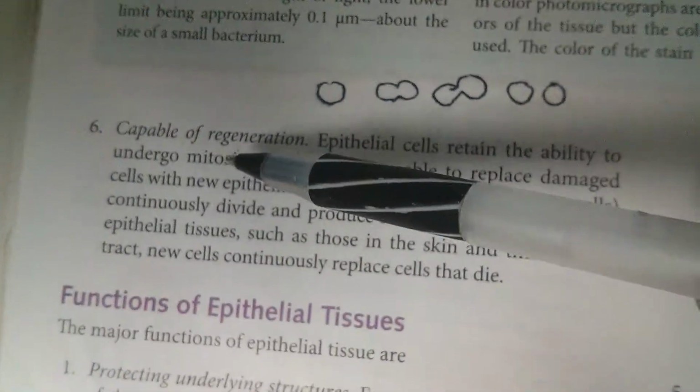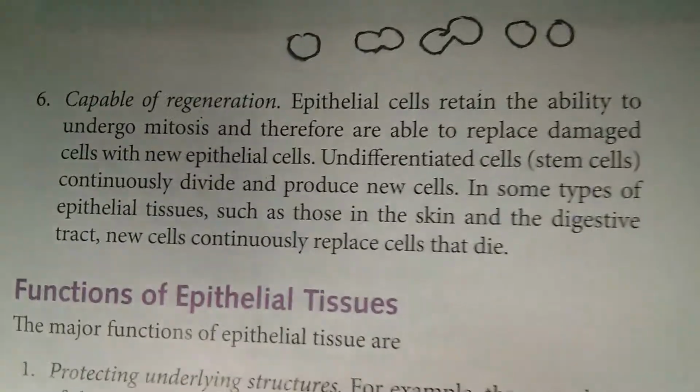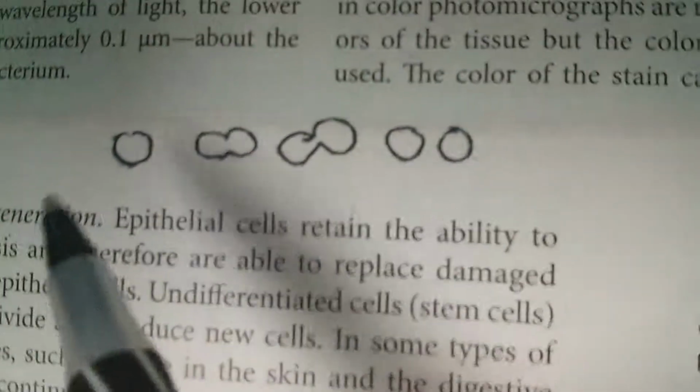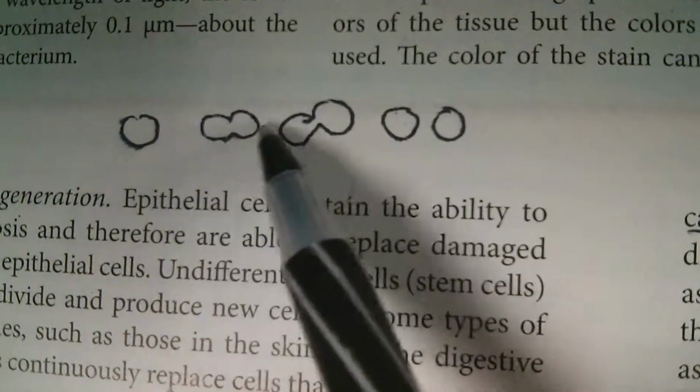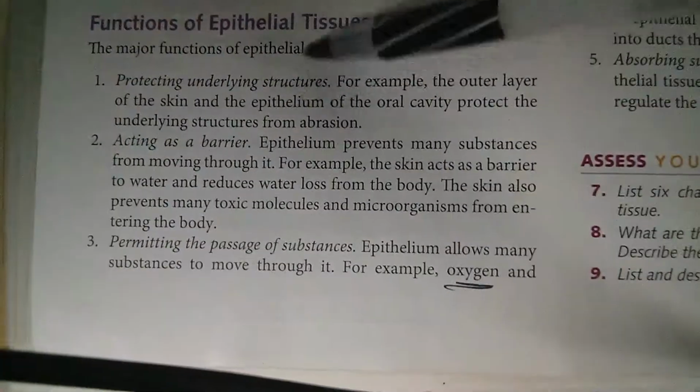So let's turn the page. Another thing about epithelium is that it is capable of regeneration. These cells undergo mitosis, which involves the cell replicating and forming multiple cells. Some more functions of the epithelial tissues: we mentioned it is a protective barrier.